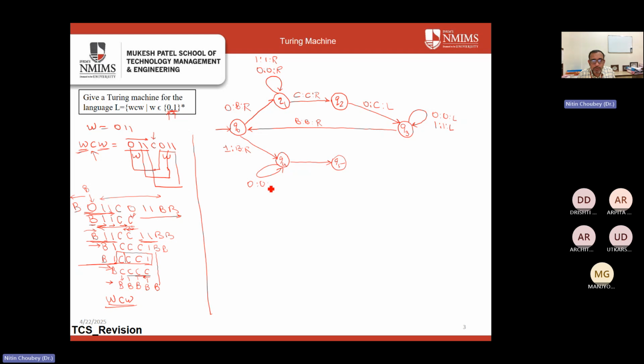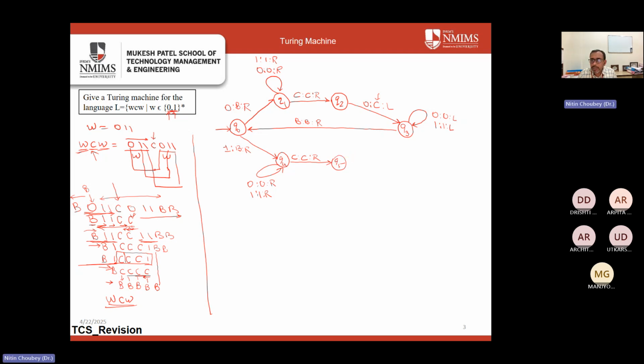0 replace with 0, move to right. 1 replace with 1, move to right. C replace with C, move to right. Now, here we are talking about the C which was available earlier as a separator. What has happened in the previous pass is we have introduced another C also, which will come after this C. But this is nothing but another separator.